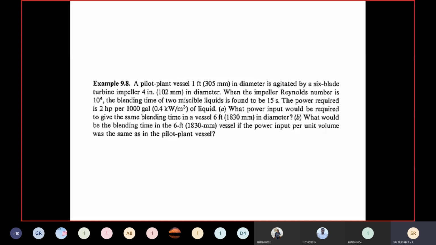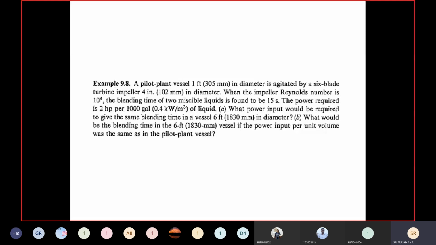And he says the time required for blending the liquids will be the same. That is one condition he has given. Now he is asking what is the power required for the given operation in the large process vessel. This is the problem which you are supposed to find.